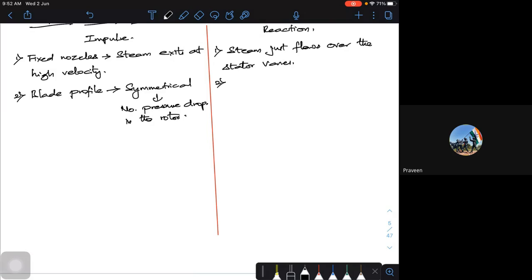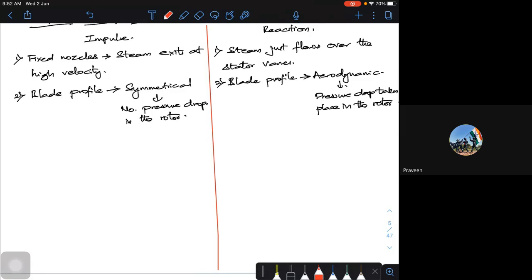But for the reaction turbine, the blade profile has to be designed aerodynamically. The reason is that the pressure drop takes place in the rotor. If I don't design an aerodynamic shape, there is every possibility of getting an adverse pressure gradient, which will lead to the formation of wakes.